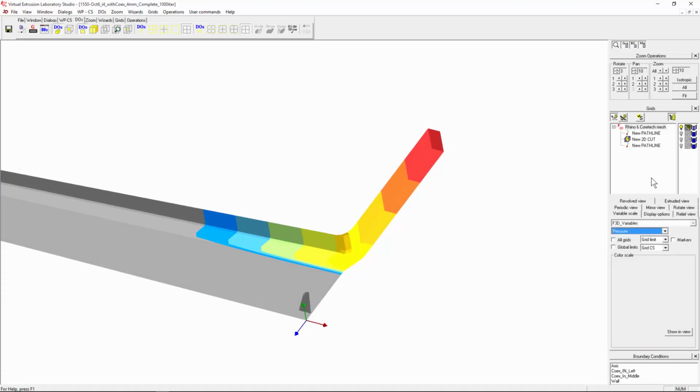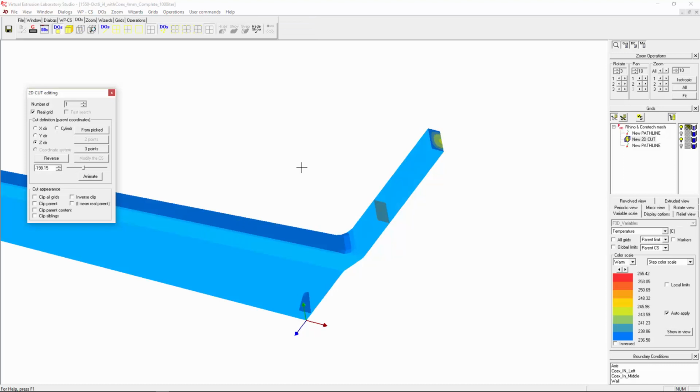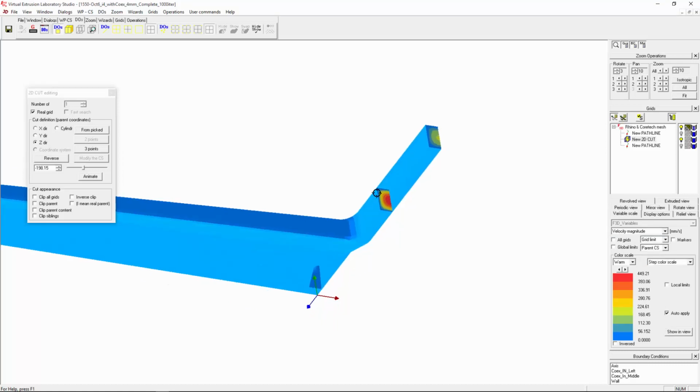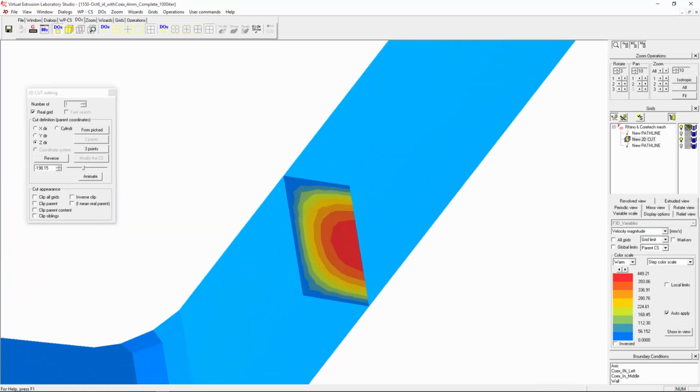When we put velocity magnitude back, we can put also the 2D cut and show the velocity magnitude on the real cut. Plus we can see the markers, and now they're going straight perpendicular as we would expect. So that means that we probably don't have any more problems with the path lines, but we can check them.